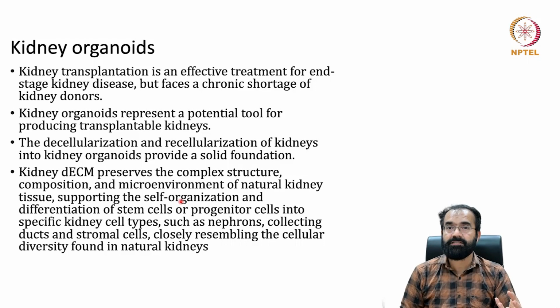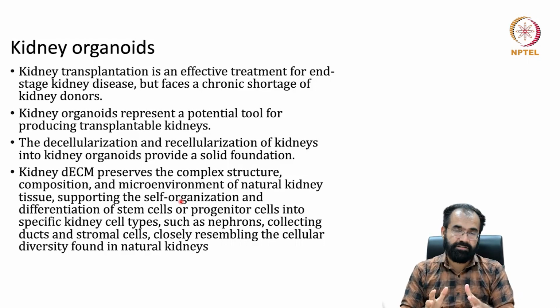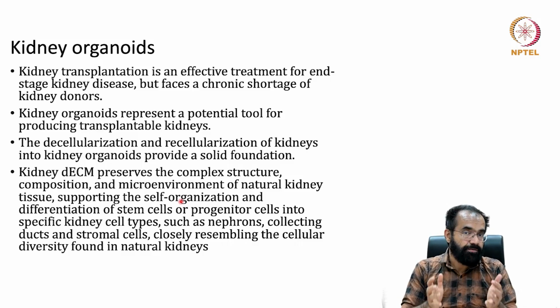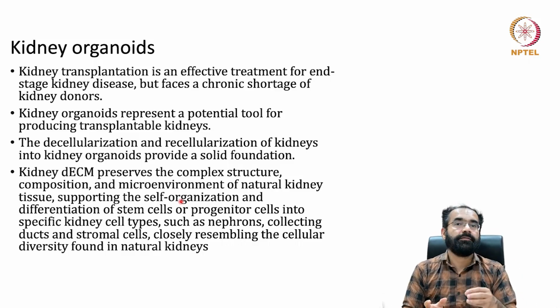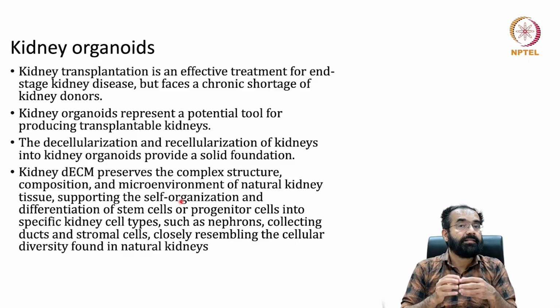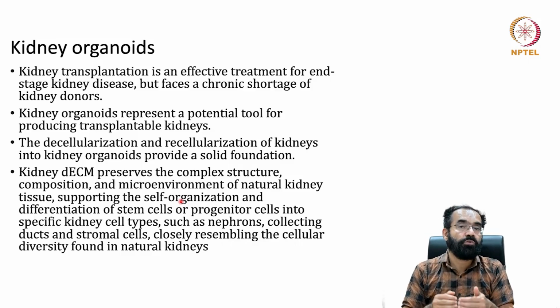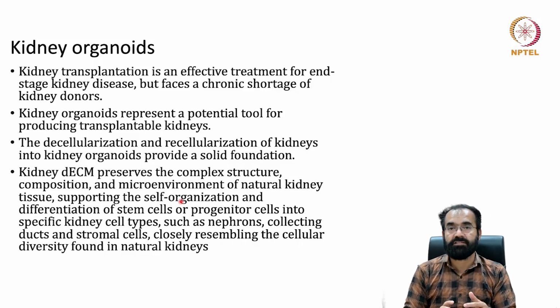All you care about is the 3D structure. And now you should put this DECM into a chamber, which we call a bioreactor, where you will seed the DECM with cells, and the cells you are putting will be closely related to the patient or from the patient himself or herself.